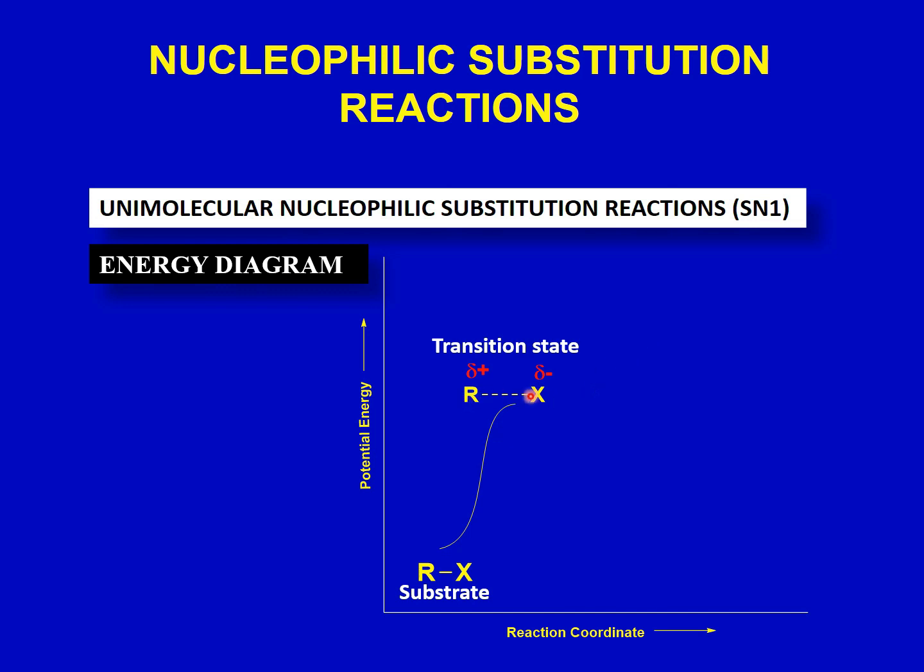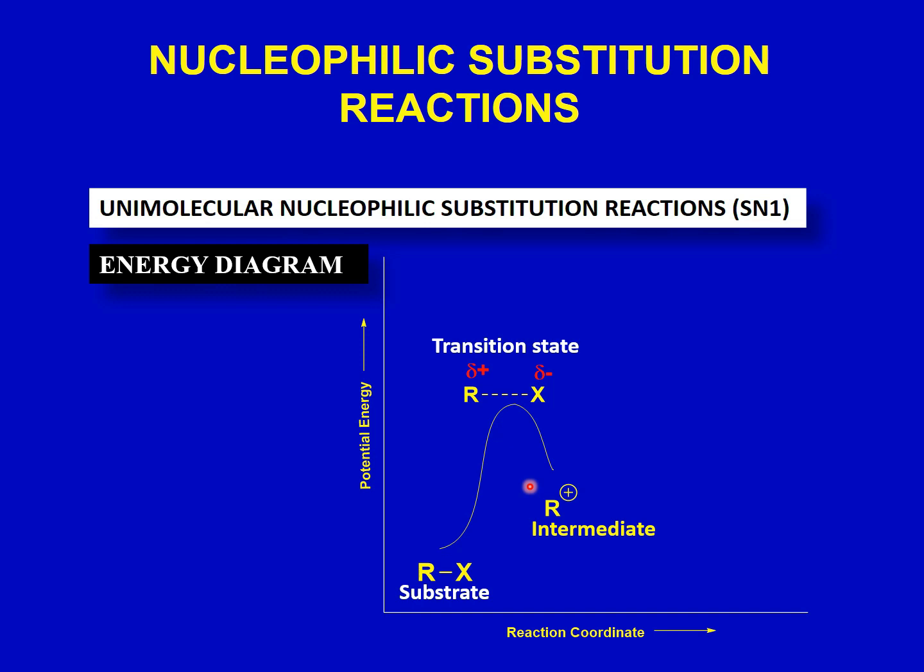So as soon as this bond breaks, energy will go down and we will have the formation of the carbocation intermediate. Remember that intermediates are always of lower energy than their corresponding transition states. Here we have the completion of the first step, because the bond between R and X has been completely broken and we have the formation of a carbocation.